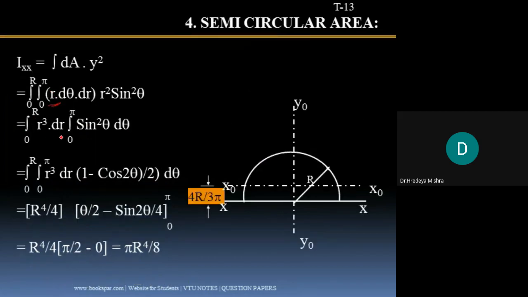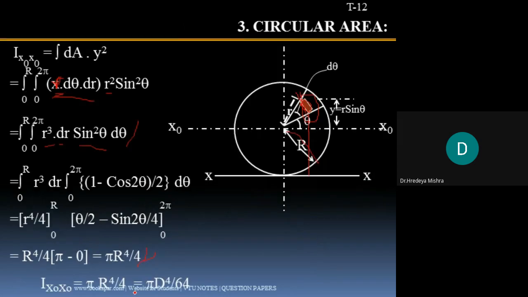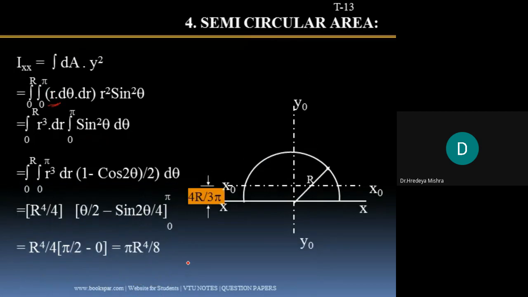The limit is different. Then what happened with this? R to power 4 divided by 4, theta by 2 minus sine 2 theta by 4. So here we get pi by 2 minus 0, and we get pi r to power 4 divided by 4 into 1 by 2, that is pi r to power 4 divided by 8.